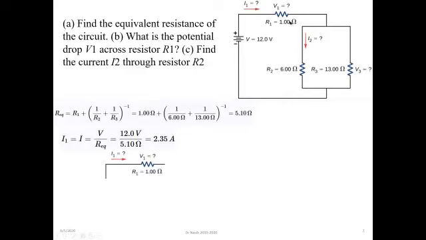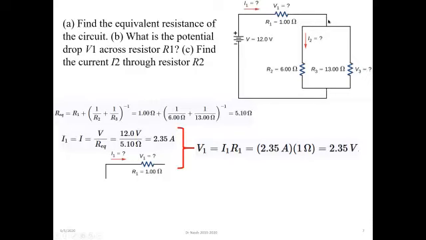And to find out the potential drop across this resistor, from the result of I1 and the amount of resistance of this resistor, we can easily find the potential drop, which is 2.35 volts. When we have found this potential drop, we can easily find the potential difference across these two.